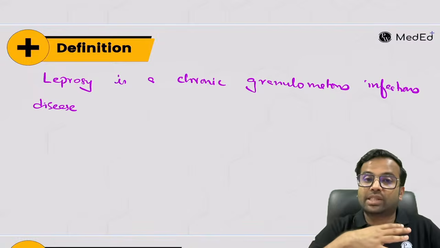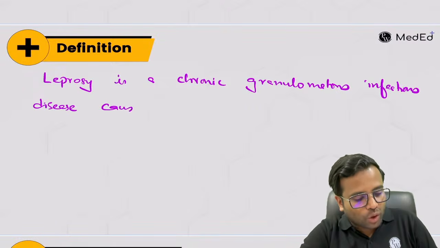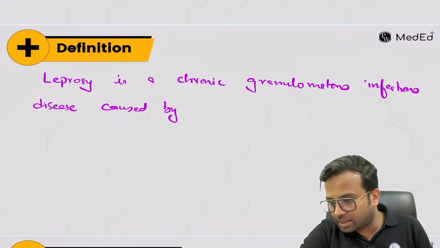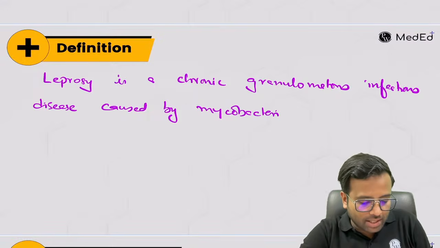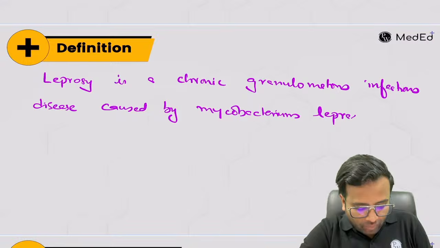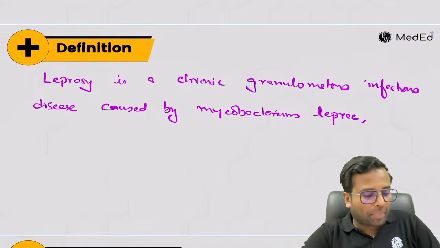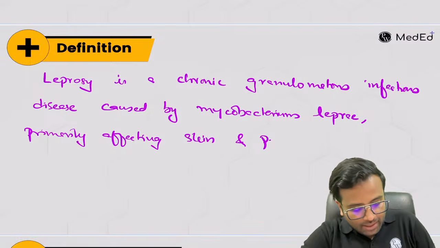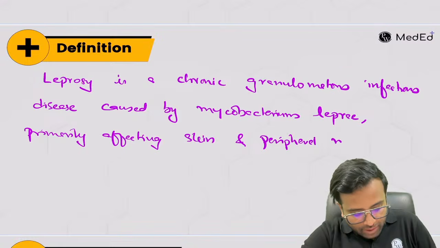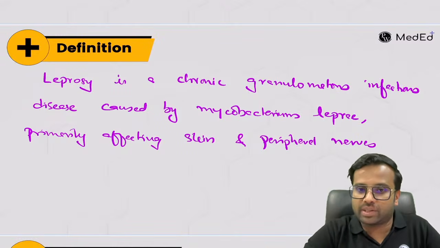So leprosy is a very chronic granulomatous infectious disease which is caused by, as Samantha was answering, Mycobacterium leprae, and primarily affecting the skin and peripheral nerves. The skin and the peripheral nerves, isn't it?